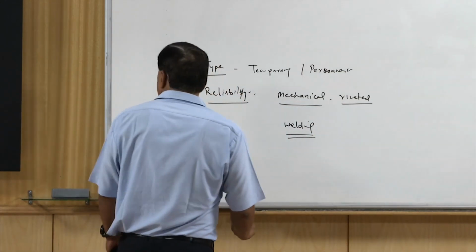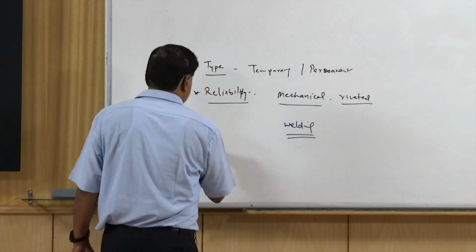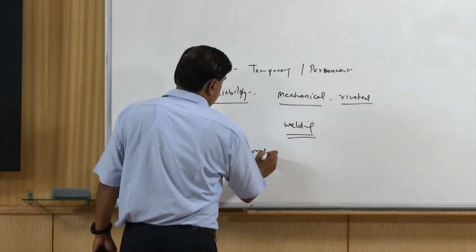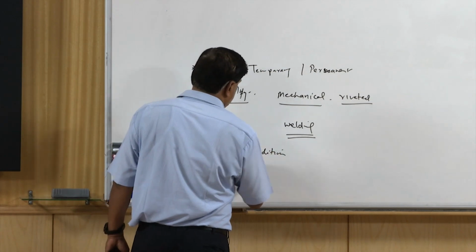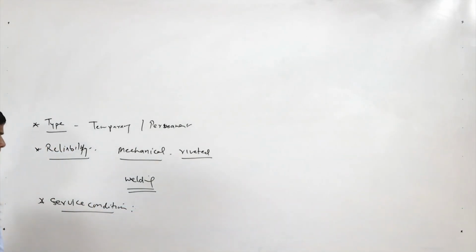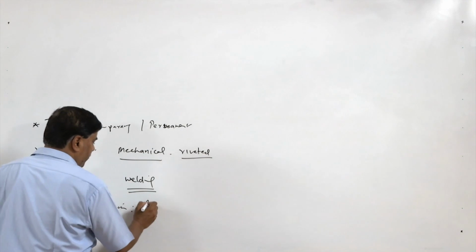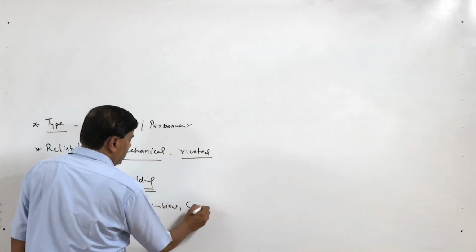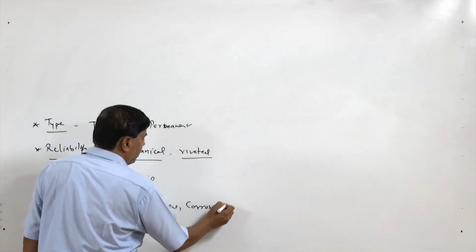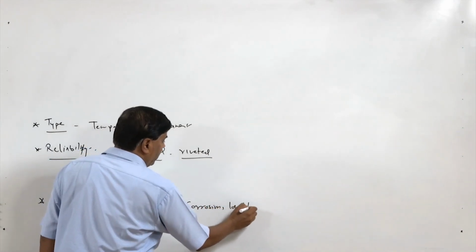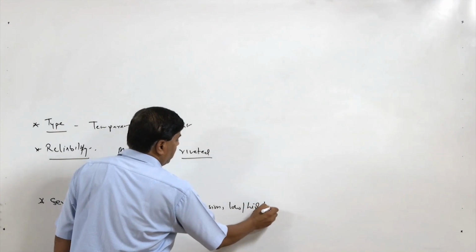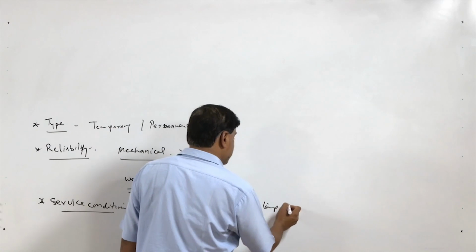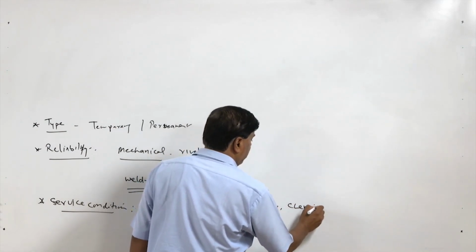The load requirement is another crucial factor, as are the service conditions. So keep in mind whether service is to be performed in ambient condition or in some special environment like corrosion, low or high temperature, or the involvement of some chemicals.